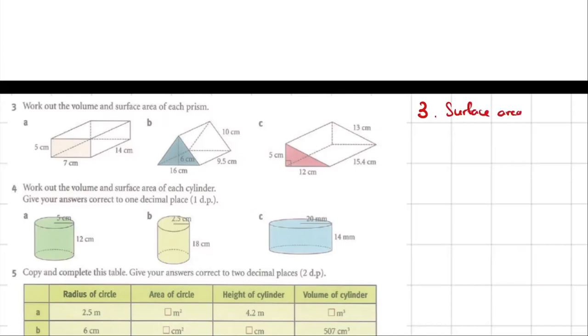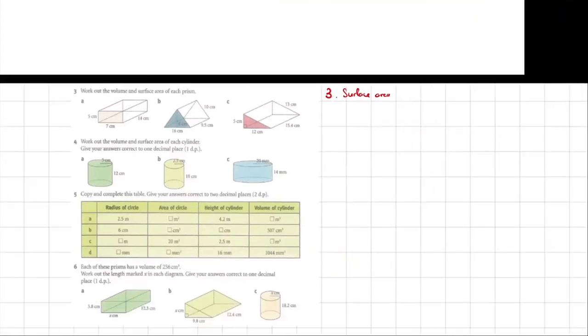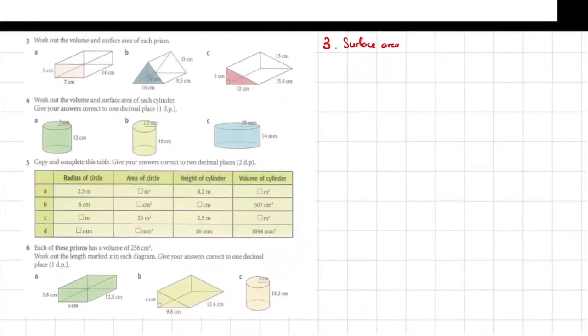You just need to make sure that you have all 6 faces covered. For the first one, it's actually 5 times 7, which is the front, and multiply by 2 because front and back. Then the sides here, 14 times 5. We get the side left and right, also multiply by 2 because there are 2 sides of it. 140.